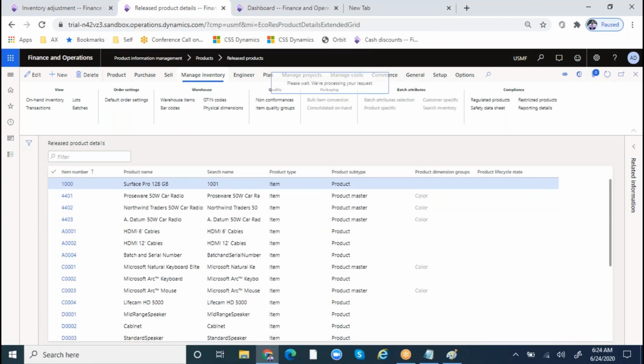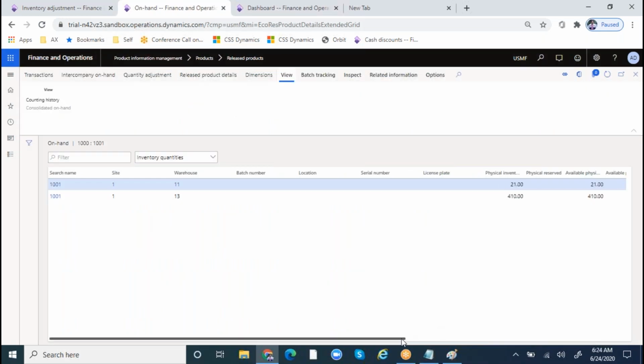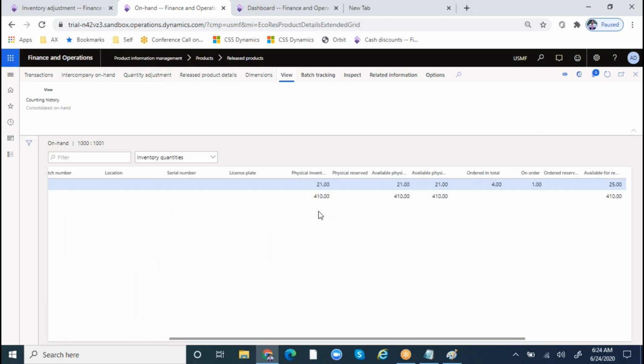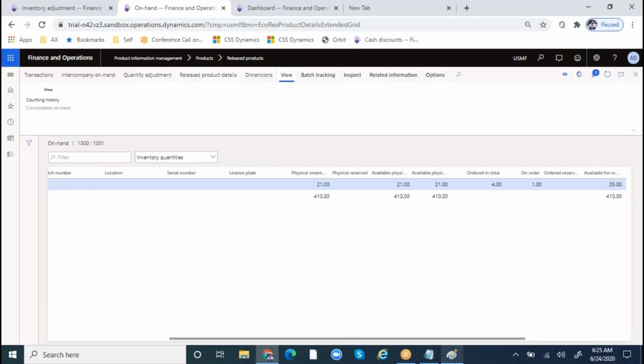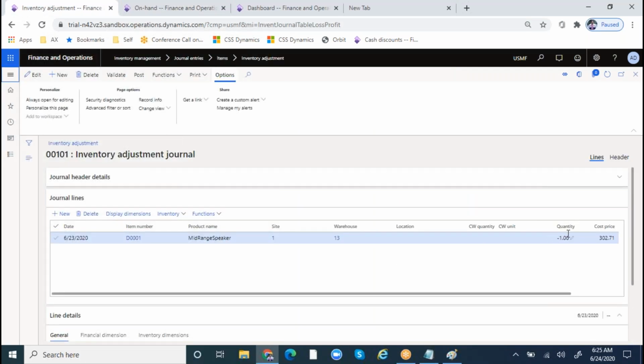If I go to inventory on hand, here you are able to see the quantity. Am I right? Yes, correct. But whenever you are doing an inventory adjustment journal, this quantity adjustment of -1 or +1 we can't see from here.